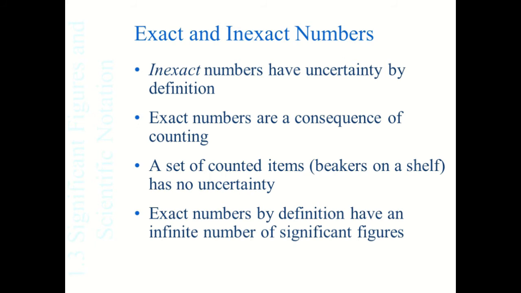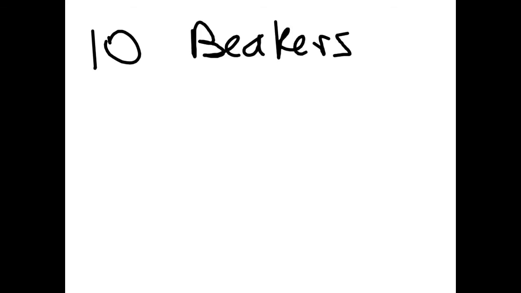Now, a lot of times you're going to ask, how many significant figures do I use in this calculation when the number is something like 10? Okay? If it says you have 10 beakers, let's say, 10 beakers. How many significant figures are in that number?